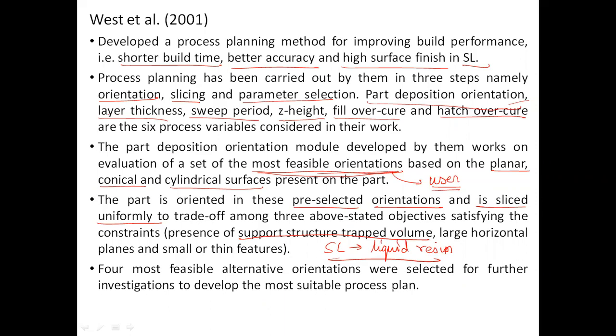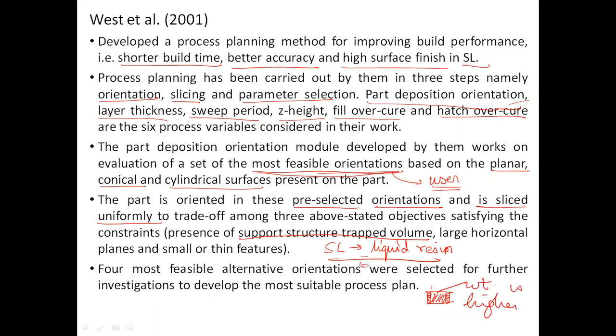Suppose we are making a hollow part, something like this, this is a pretty simple thing. These are the walls which are going to be fabricated, and it is hollow over here. So liquid resin will fill this space, and the overall weight of this part will become higher.